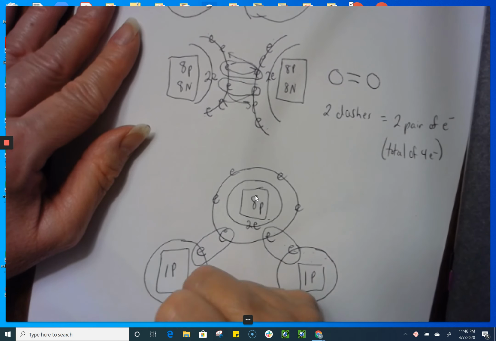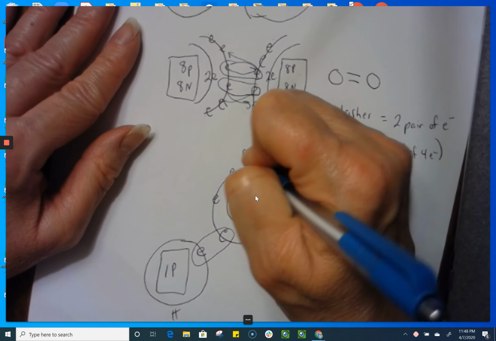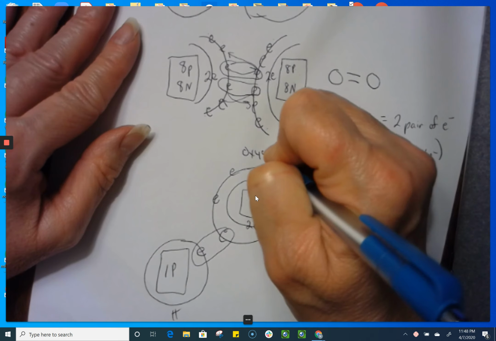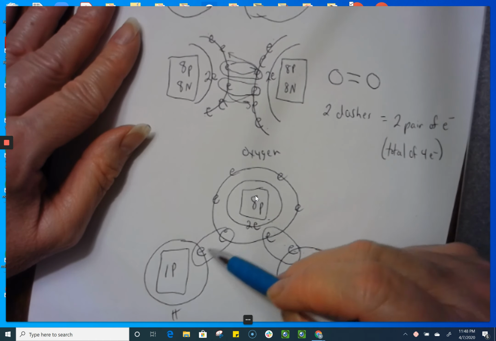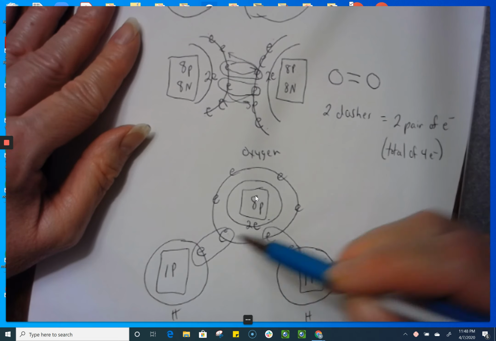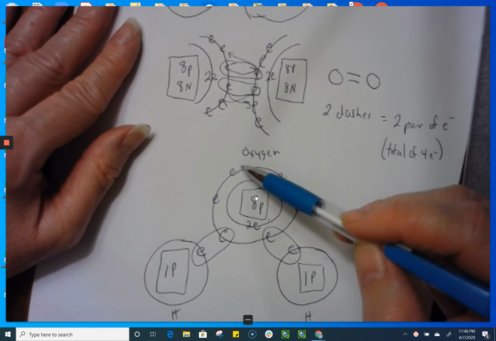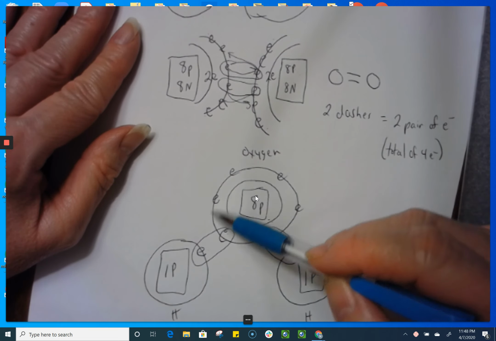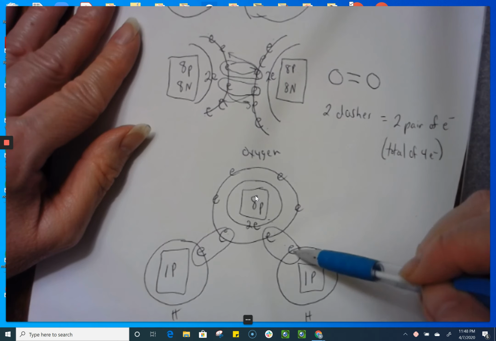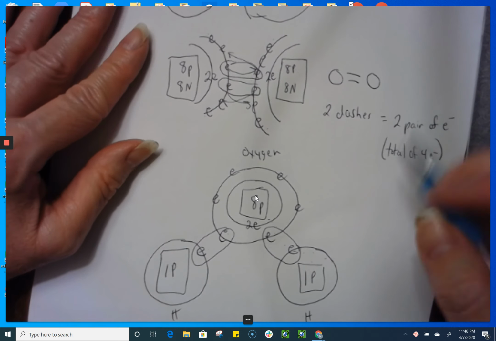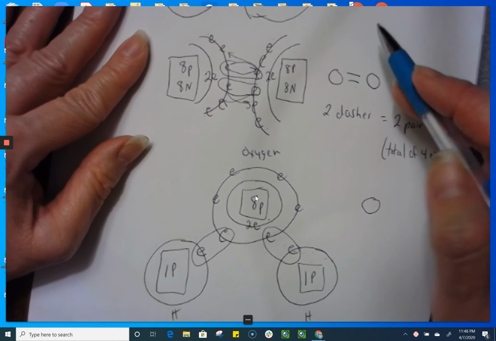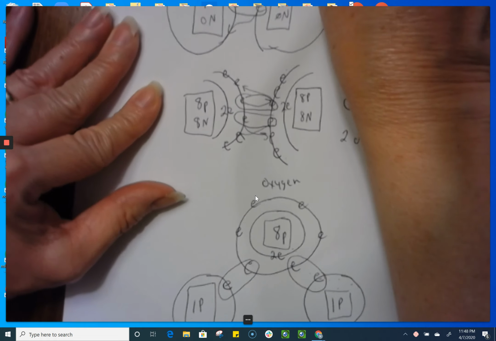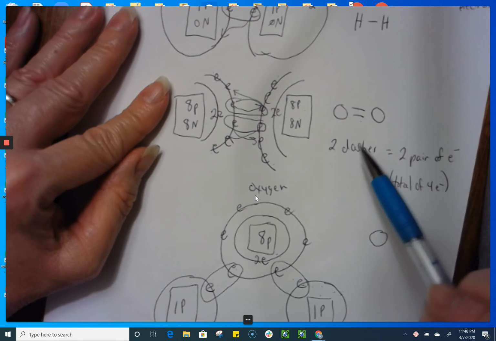So this is hydrogen, and this is oxygen. If it shares a pair of electrons here, that gives it access to the 8 electrons: the 6 here, 7, and 8. When you draw a structural formula, which is what those are up here, those are structural formulas.